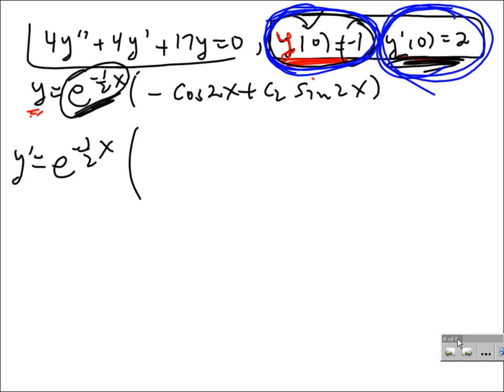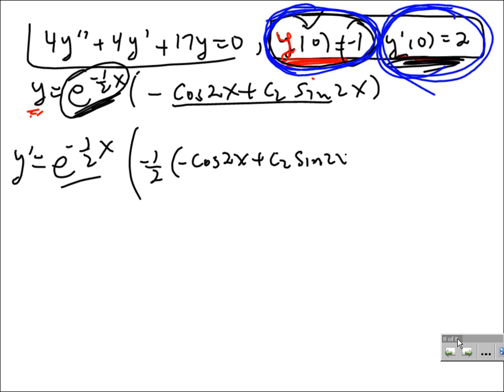The derivative of the first, which is negative 1/2 times e to the negative 1/2 x, which I put out in front, times the second factor, c1 cosine 2x plus c2 sine 2x, plus the first factor, which is already in front, times the derivative of the second factor, which will be 2 times the sine of 2x.